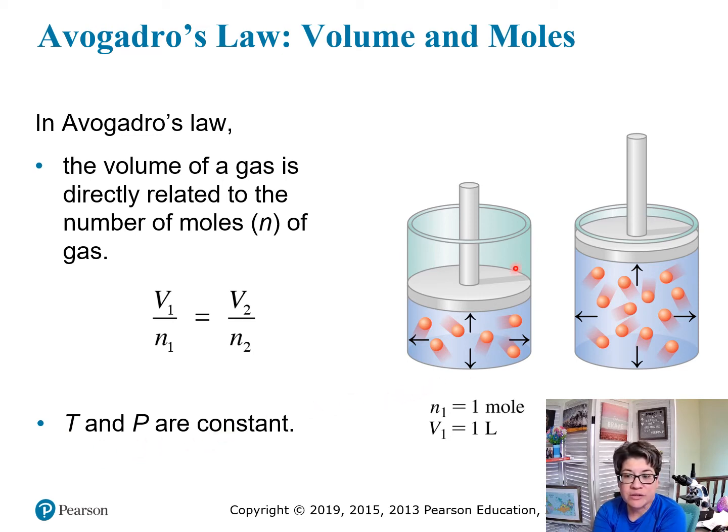What this is showing here, notice that you have like 6 molecules of gas. And then here you have 1, 2, 3, 4, 5, 6, 7, 8, 9, 10, 11, 12, I think. So if you have twice as much gas, then it's going to take up more volume because they're going to take up more room. And so that's a predictable amount. Every single gas at the same temperature and pressure, 1 mole is going to take up 22.4 liters.